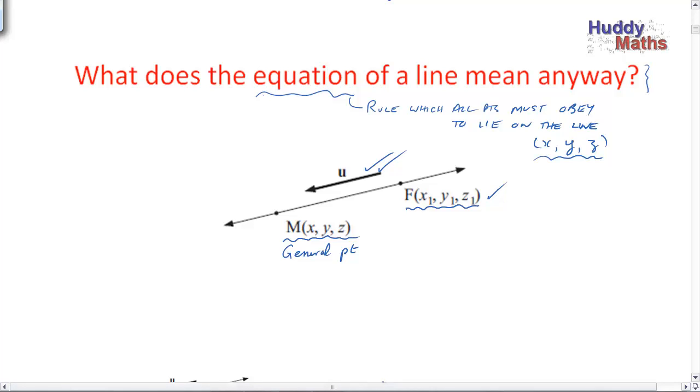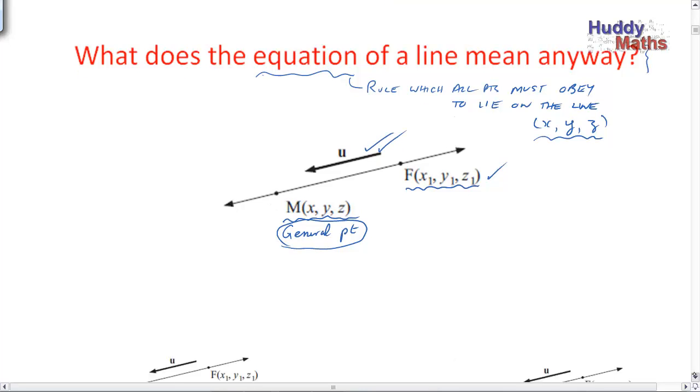So we're fixing a line in space and then describing the rule for the general point. Do you get it? Hope you do, because you've been doing this in 2D, but not with vectors, in coordinate geometry for some years now. So try and get your head around that one. All right, let's go down and see what we can do with it.